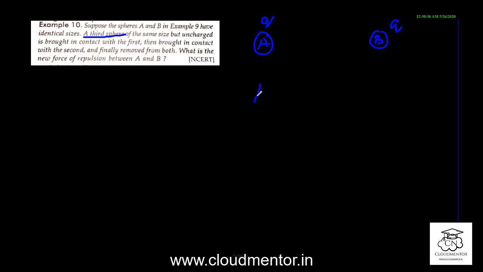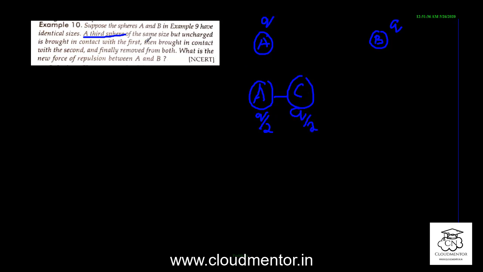So at first, let the third sphere be C, and C is brought in contact with the first one, that is A. Now it is given that the third sphere has the same size as the others, so the total charge will be distributed equally between both of them. So A will get the charge Q by 2, that is Q plus 0 by 2. The charge of C is 0, and C will get the charge Q by 2.